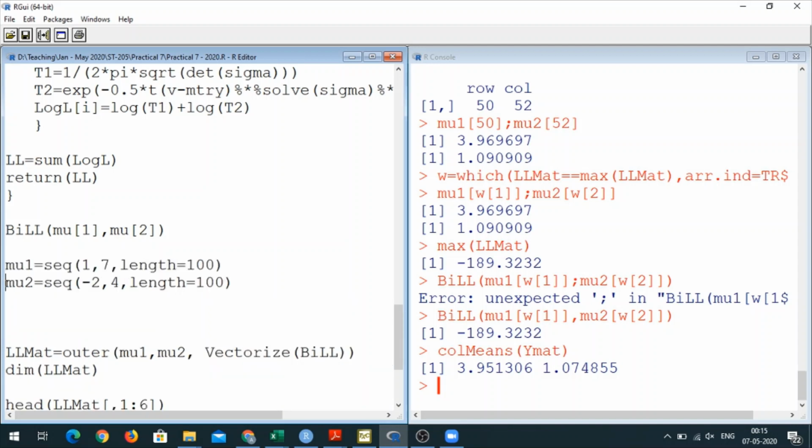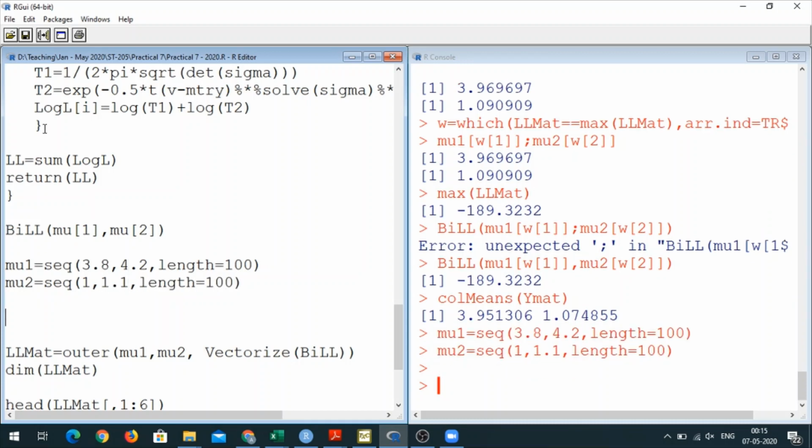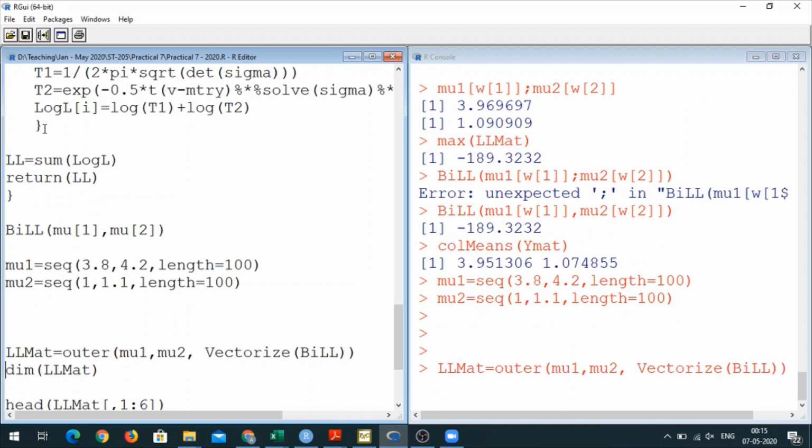Suppose instead of 1 to 7, let me now try, because I know 3.95, 3.8 to 4.2 and then 1 to 1.1. This is again going to take time.